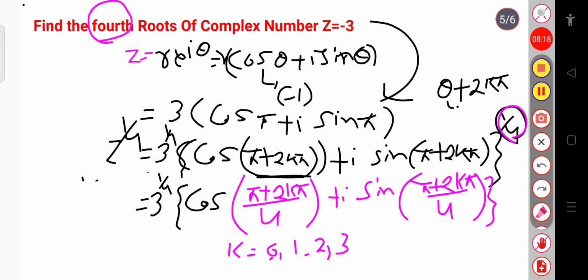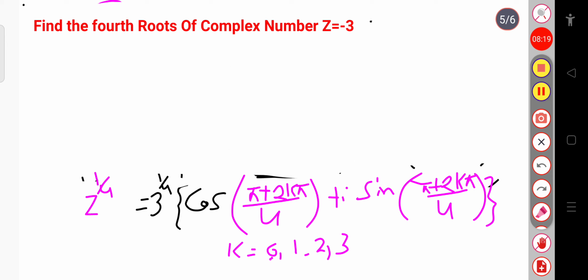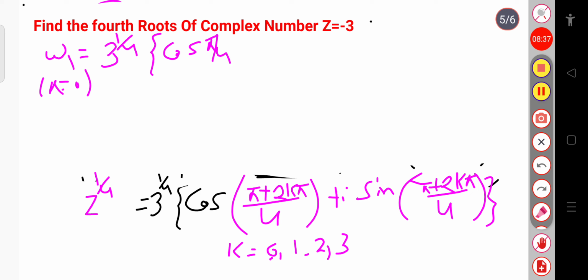For the first root, suppose w1, when k equal to 0, this will be 3 power 1 by 4 into cosine pi by 4 plus i sin pi by 4, because 2k pi with k equal to 0 vanishes.